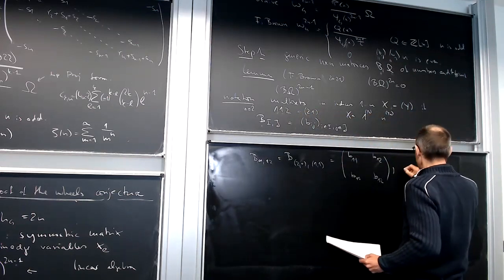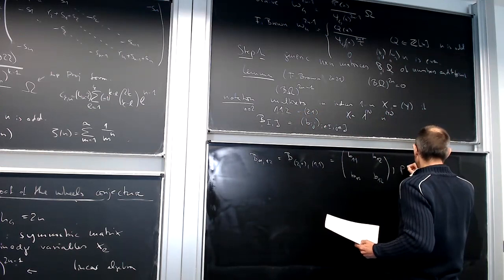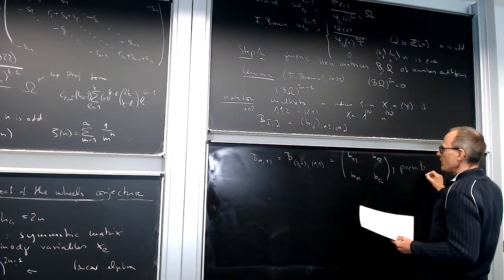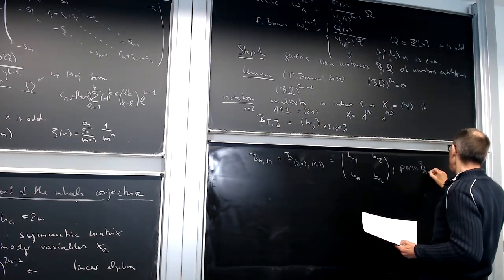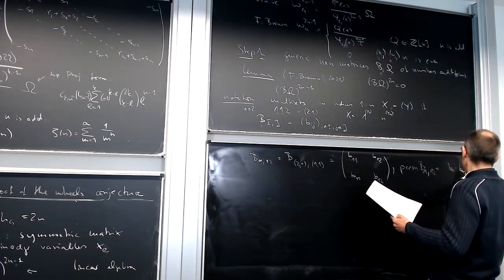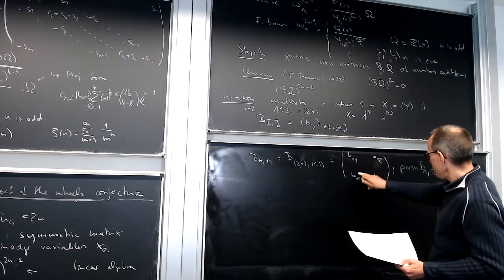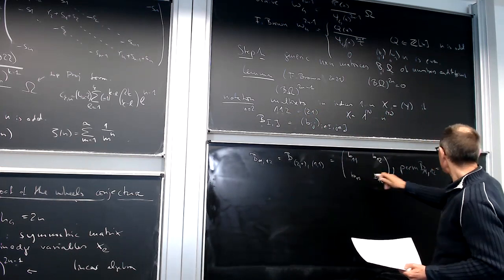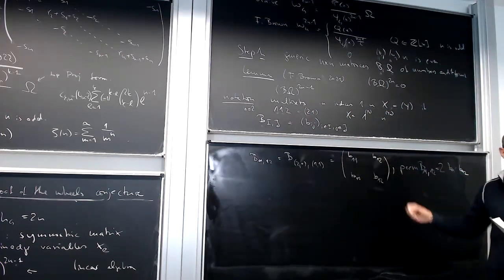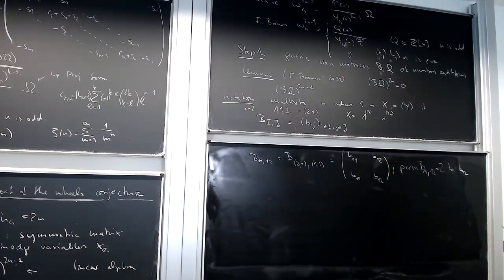Maybe not everybody is used to permanents. A permanent of a matrix is an unsigned determinant. So the permanent of B11, 12 will be B11 times B12. And if you take this, you reproduce the result. So I have this twice, whereas the determinant of this matrix would be 0. Well, that's the notation we need.